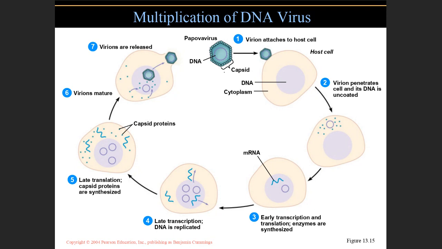But what if the virus's genome is RNA? That creates a bit of a problem because our cells cannot make RNA from RNA. So how does an RNA virus replicate its RNA to make more genomes?